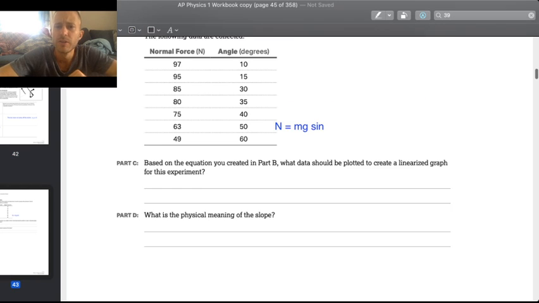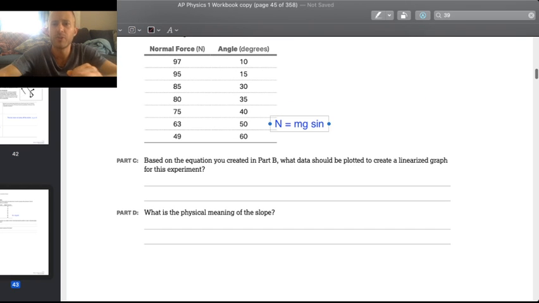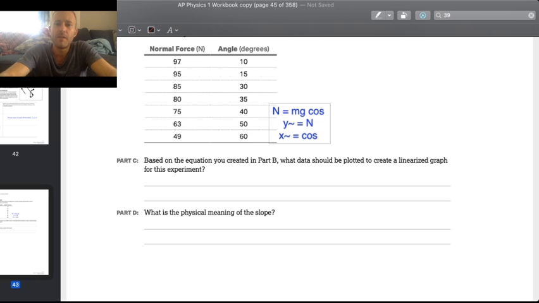Okay, so this should be mg cosine. So we can see that if I let y squiggle equal normal force, and I let x squiggle equal cosine of theta, then that would be an equation of the form y squiggle equals mg times x squiggle.